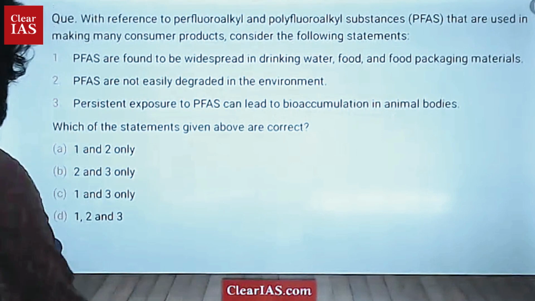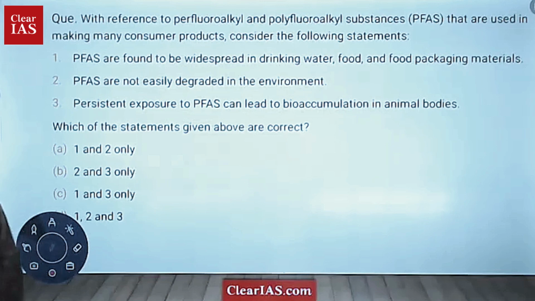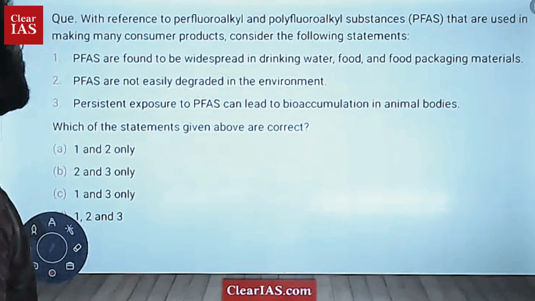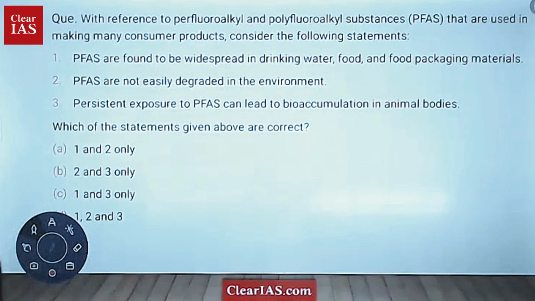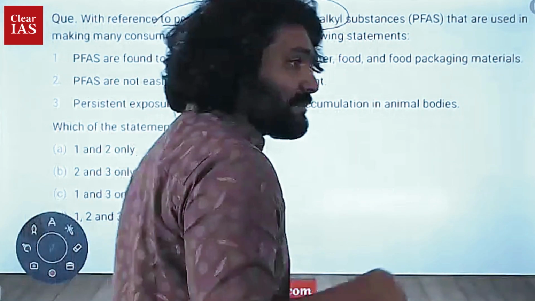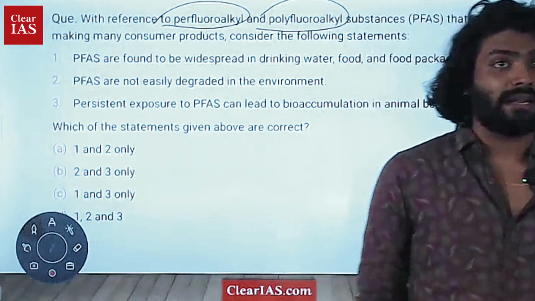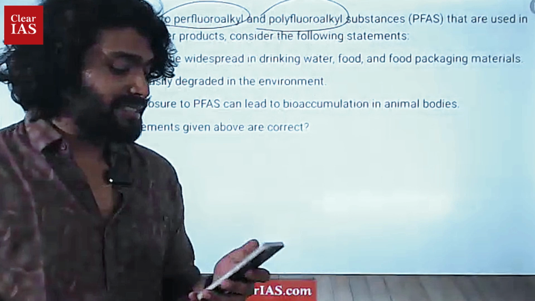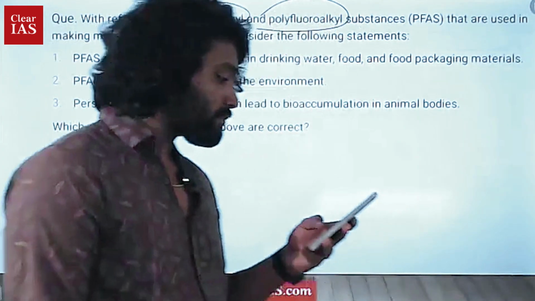The first question: with reference to perfluoroalkyl and polyfluoroalkyl substances that are used in making many consumer products, consider the following statements. A similar question was asked before as well, not exactly the same, regarding pesticides in use.